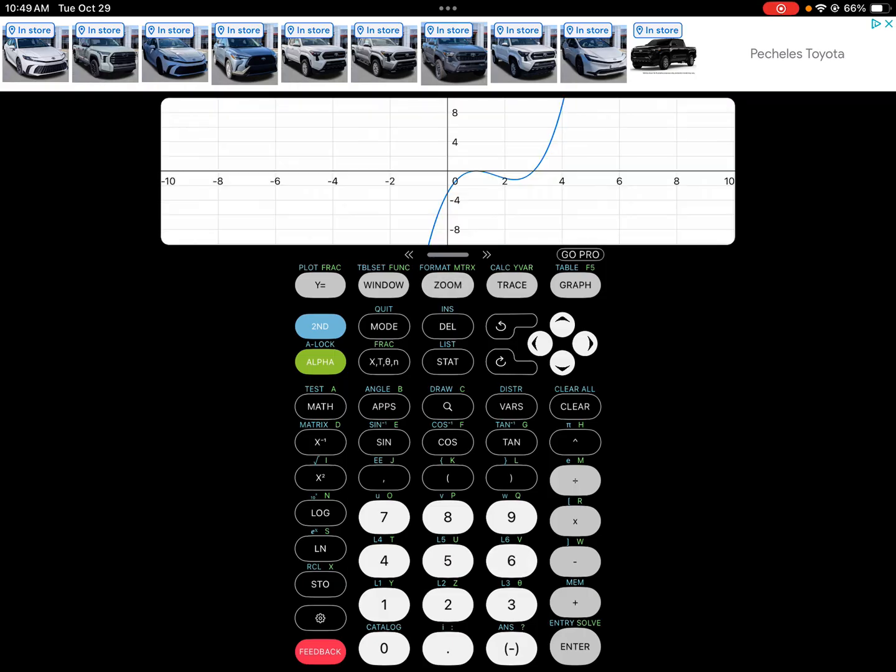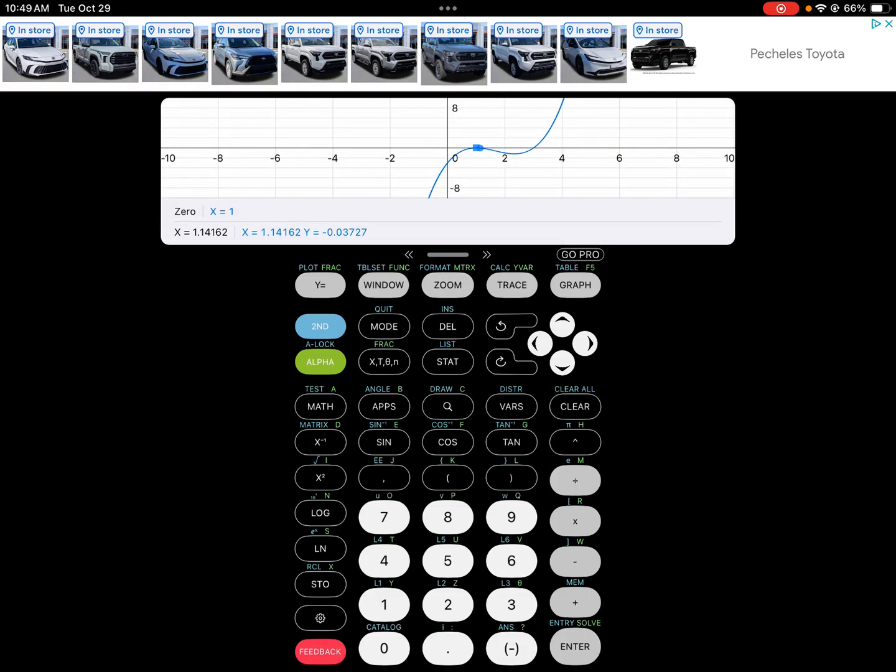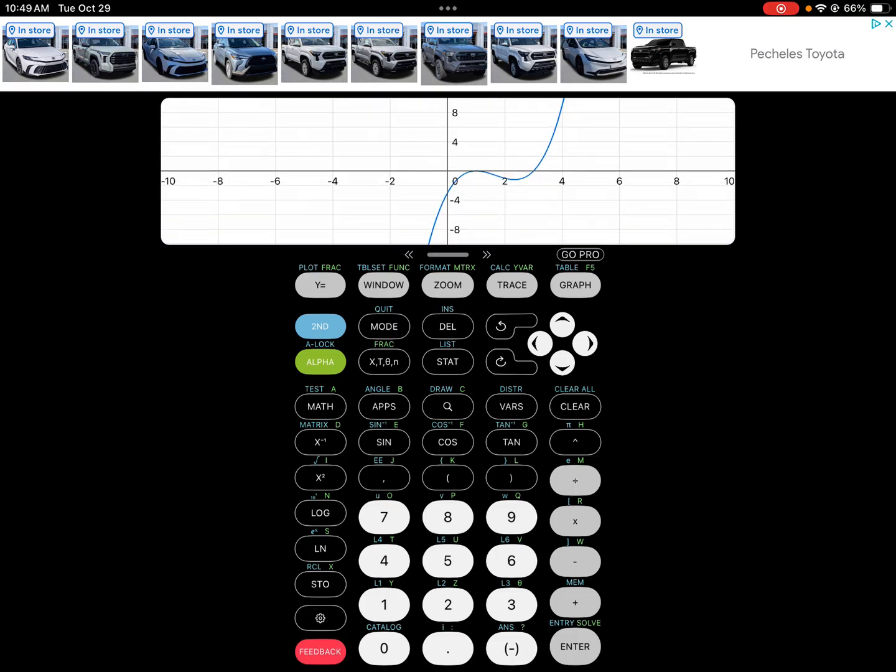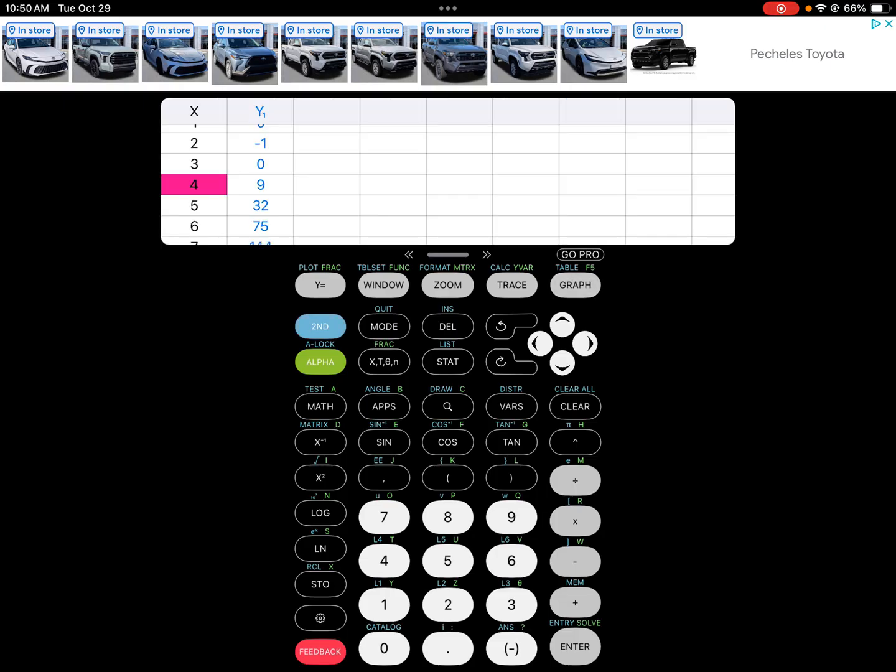You can see there where it is crossing the x-axis. You see it has 2 points, but the easier way would be to look at the table. So if I hit second and the graph button, I know that they're going to be x-intercepts if they have a y-coordinate of 0. A y-coordinate of 0 tells me that it's going to be an x-intercept.